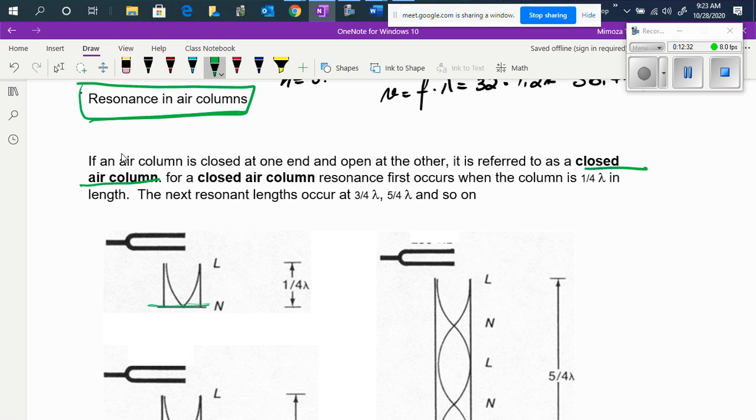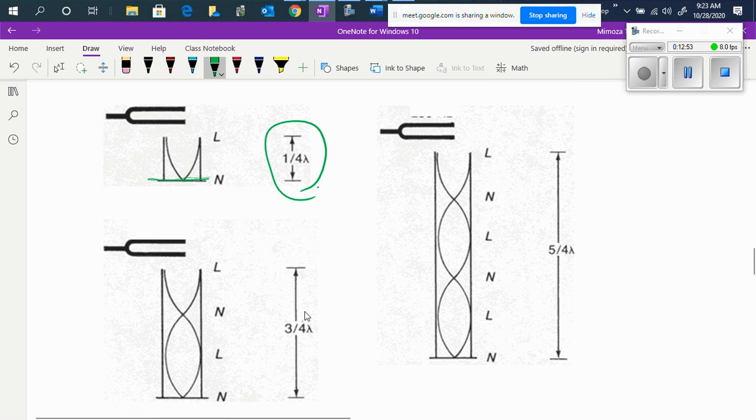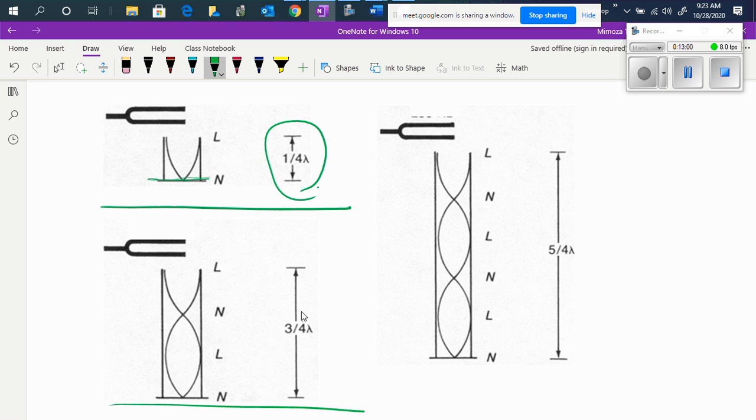Then resonance will occur when we have 1/4 lambda, or 3/4 lambda, 5/4, so with an increment of 1/4. As you see here, the first one is at 1/4, and then it moves to 3/4, and then 5/4, 7/4, and 9/4, and so on.